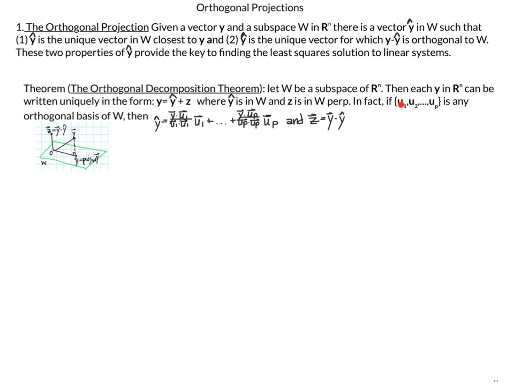In fact, if u1, u2, up is any orthogonal basis of W, then we can write y hat as a linear combination of that orthogonal basis, with each coefficient given by y dot u sub i over u sub i dot u sub i, times the vector u sub i, for i equal 1 to p. And then z is equal to y minus y hat.